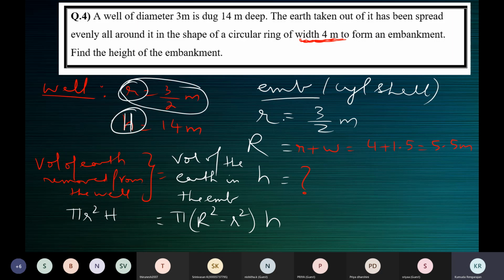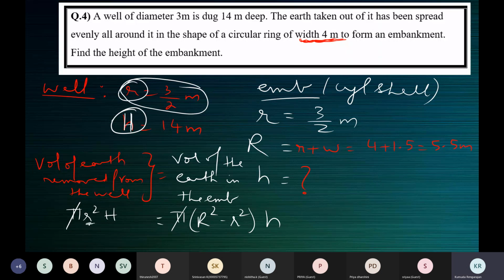See, we have not used R1 here because the radius of the well is equal to the inner radius of the embankment. So pi gets cancelled on both the sides.